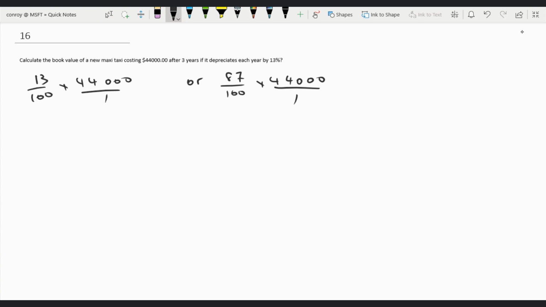So we can cancel these zeros. 13 times 440, and the 13% is equal to 5,720. We need to calculate now 44,000 minus 5,720, and we are left with 38,280.